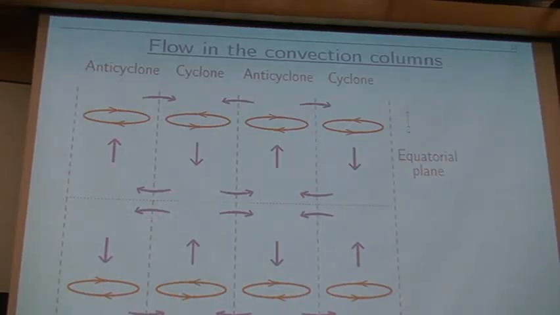Now the blue is the secondary circulation. So the blue corresponds to the fact that every time that you have a roll going around like that, you also have some vertical flow. And I've drawn the arrows this way because this is actually the way they actually go in the numerical experiments.